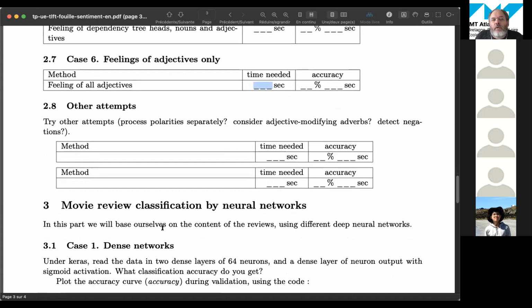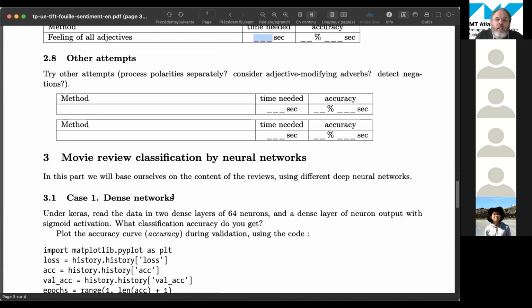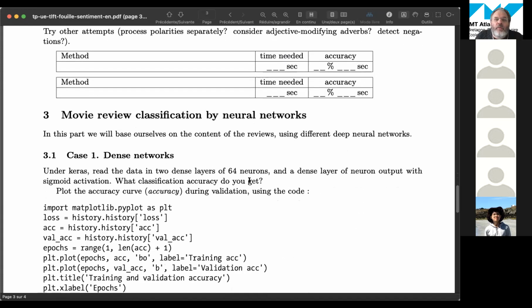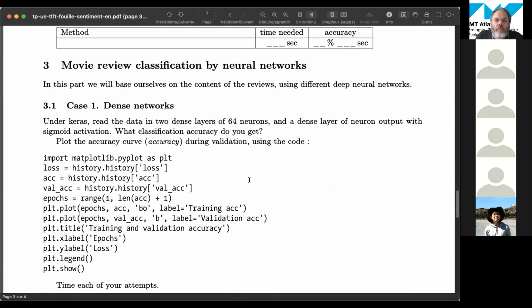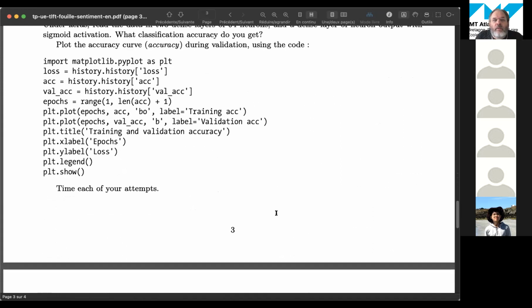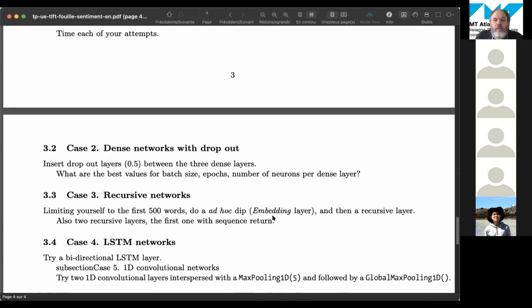The second part of this lab is about using neural networks. Here we have a feedforward network. We can apply it. We can use dropout layers.